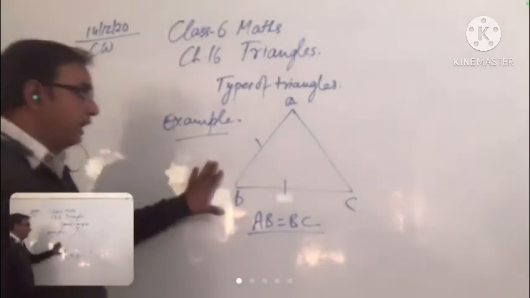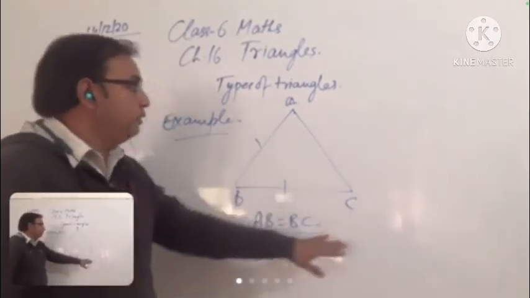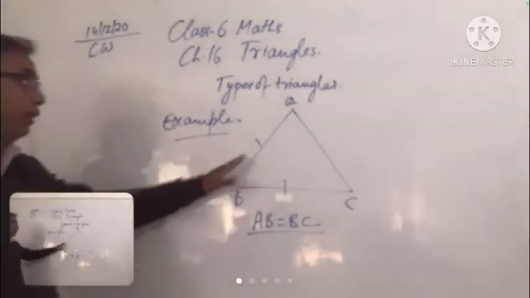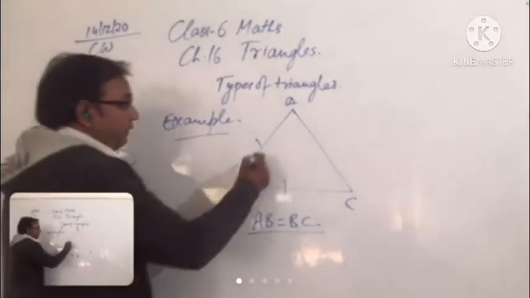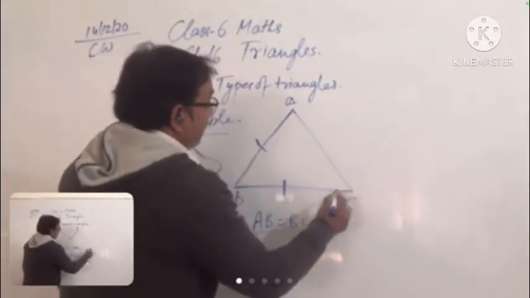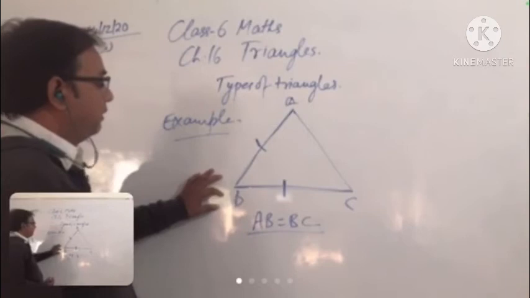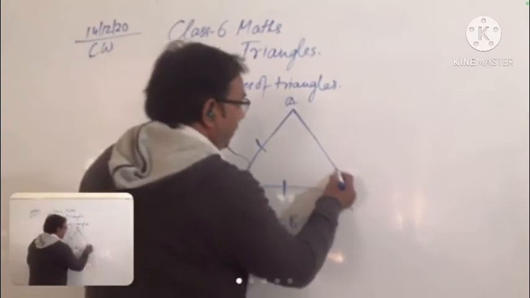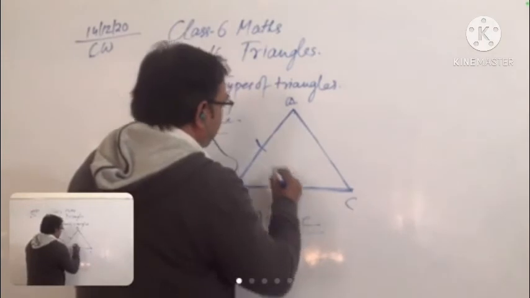The angle opposite to AB is angle C, and the angle opposite to BC is angle A. Therefore, angle A must be equal to angle C. According to the isosceles triangle, two sides are given equal, and the angles opposite to the equal sides are equal.